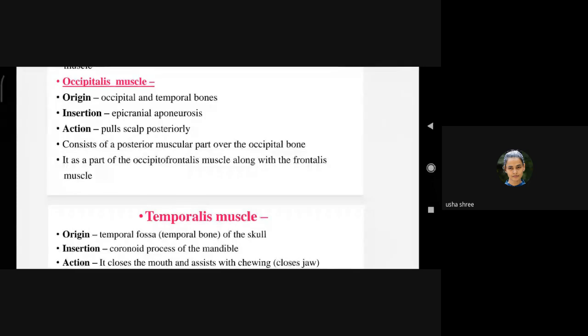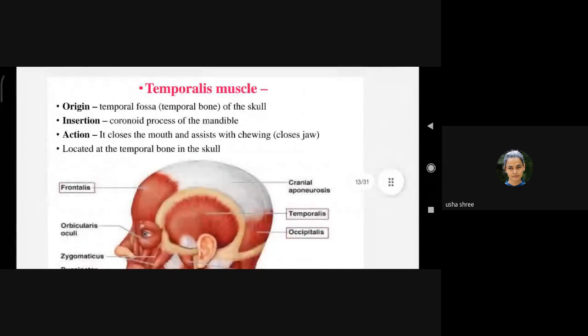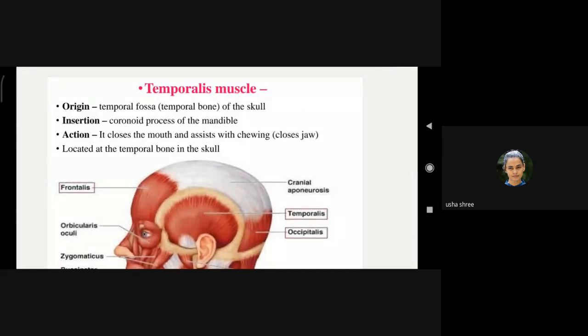Okay. Now, the temporalis muscle. Its origin is the temporal fossa. Fossa means cavity. I think I have not told you earlier that fossa also means cavity.